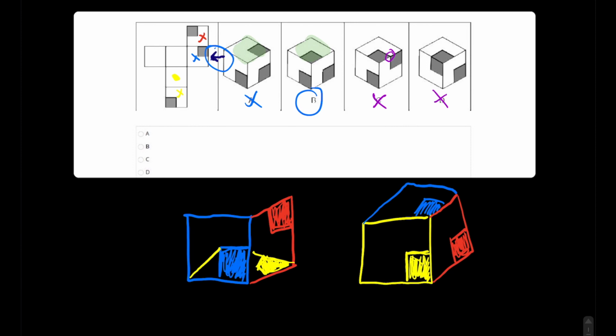Just based on our initial perspective, we were able to look at the shaded regions and eliminate half our answers. Especially if you're taking the DAT, that's powerful for you, because now you have a 50% chance of getting this question right rather than a 25% chance.